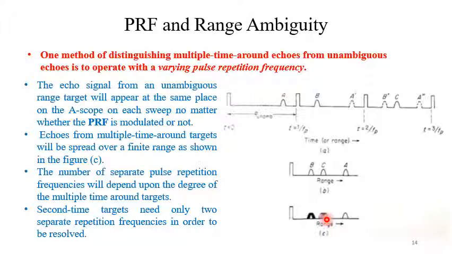The number of separate pulse repetition frequencies will depend upon the degree of the multiple time around targets. Second time around target needs only 2 separate repetition frequencies in order to be resolved. So this is one way of distinguishing the original unambiguous target A and the ambiguous or erroneous targets B and C. This is how we can do it.